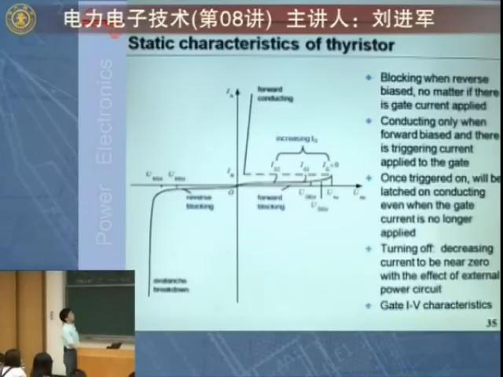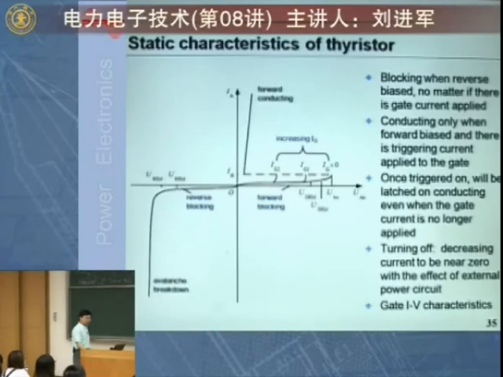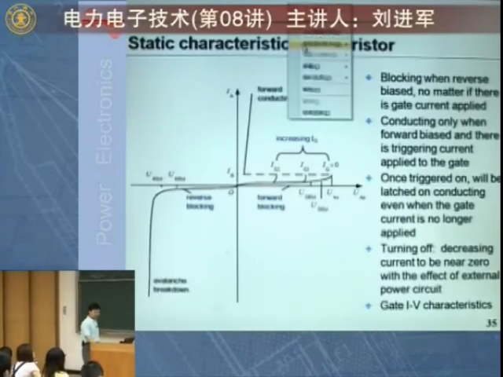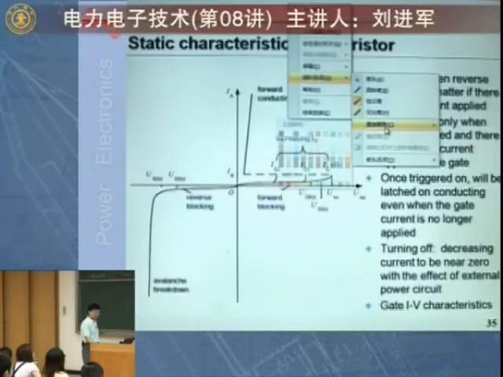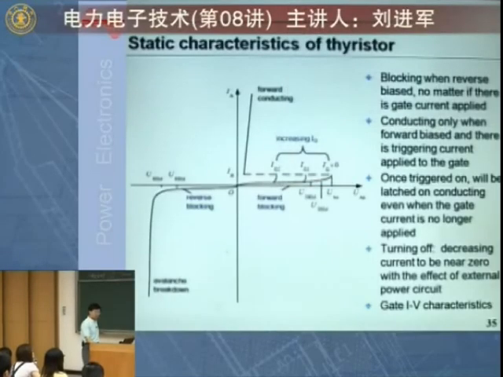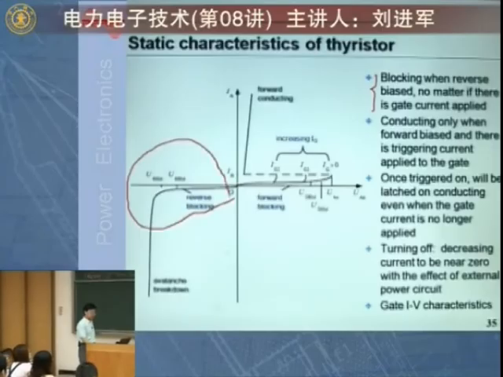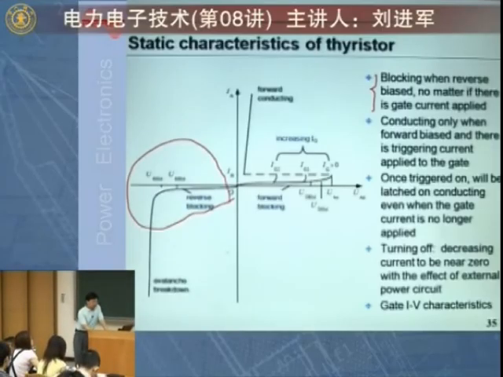Let's read through these statements. The thyristor will be blocking when it is reverse biased. This part is exactly the same as a diode. It will be blocking, no matter if there is gate current applied.